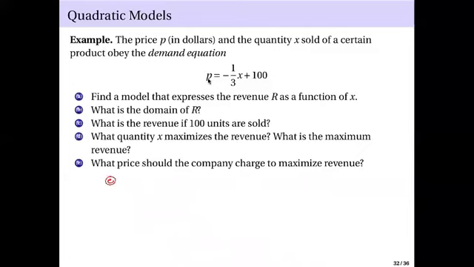So letter E, at X equals 150, P will be negative 1/3 times 150 plus 100. So if you solve this, this is $50. Okay? Questions?